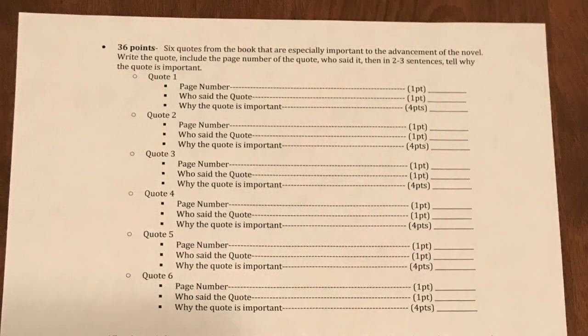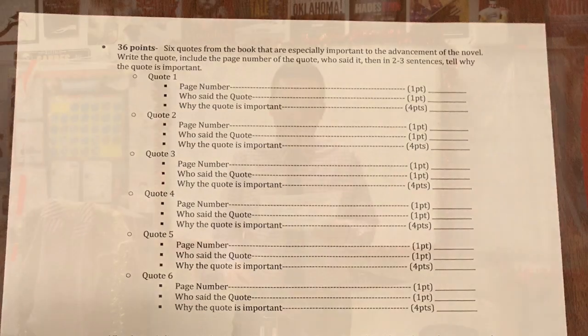Honors students, when it comes to the quotes section, you again are doing a double. You're doing 6 quotes instead of 3. So you'll go back in the book and find 6 quotes that are especially important to the advancement of the novel.